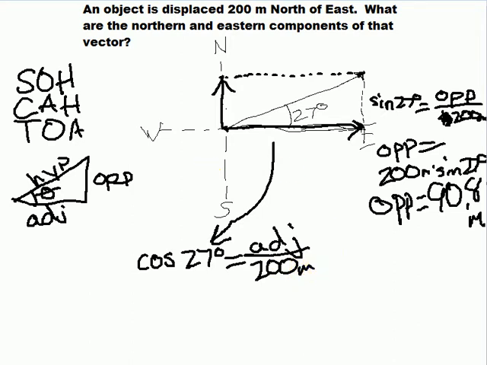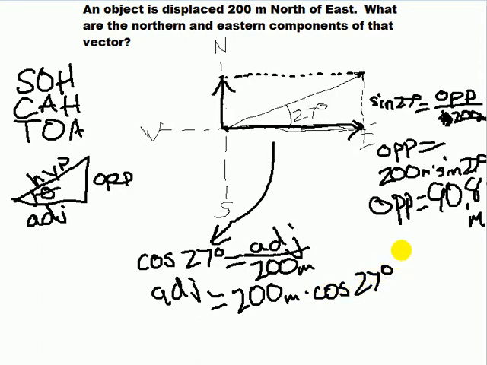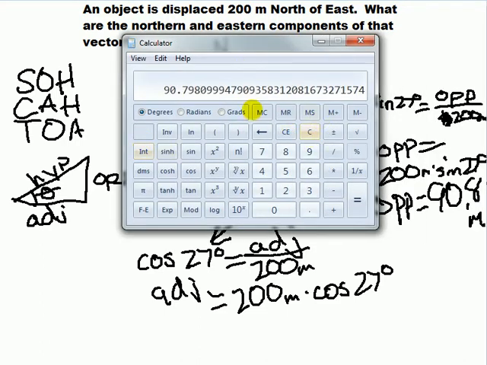And coming back over here, solving for that, adjacent is equal to 200 meters times cosine 27 degrees. Get a calculator here.